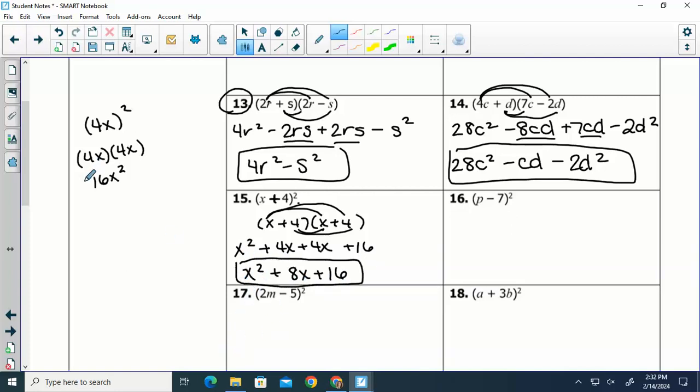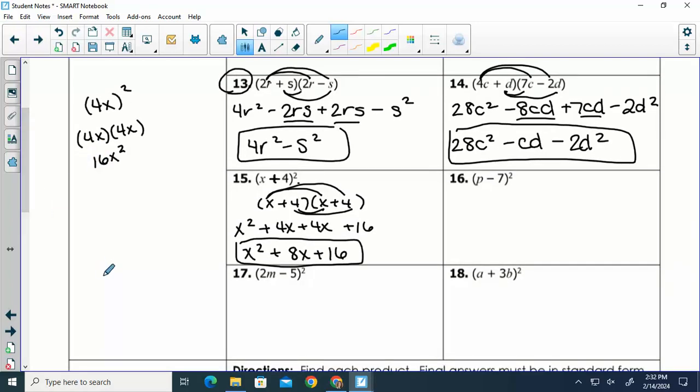Alright, we'll do one last problem like that, and we will stop for today. So if we try 17, what would I do? If I want to square that, that means I have 2m minus 5 twice.